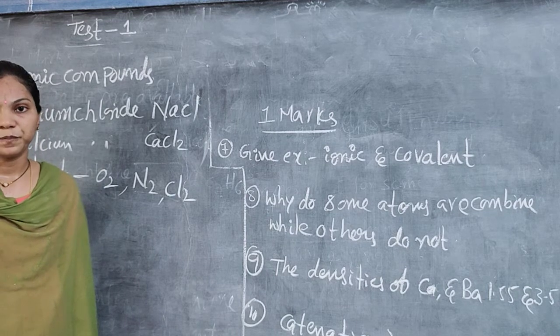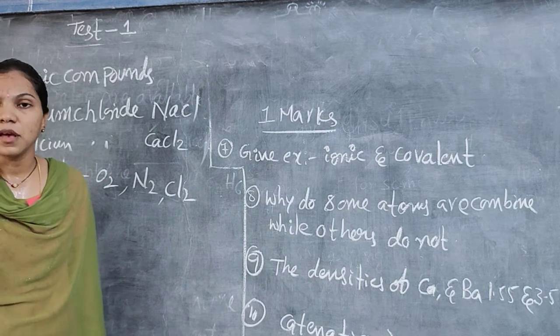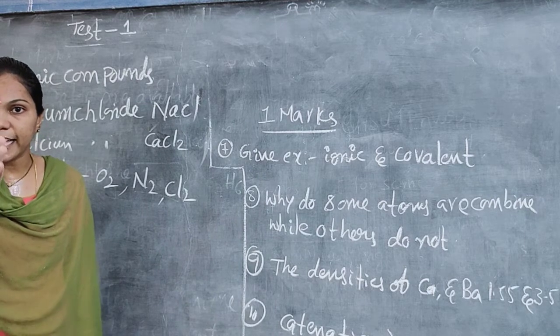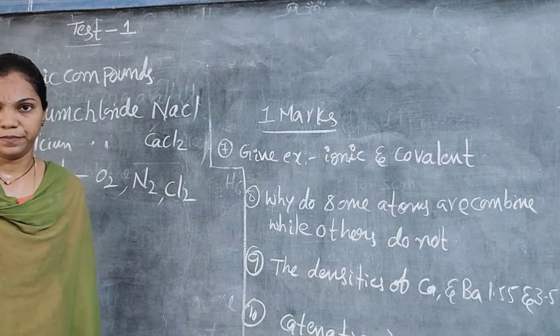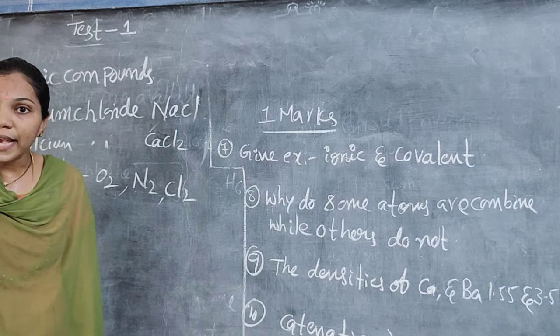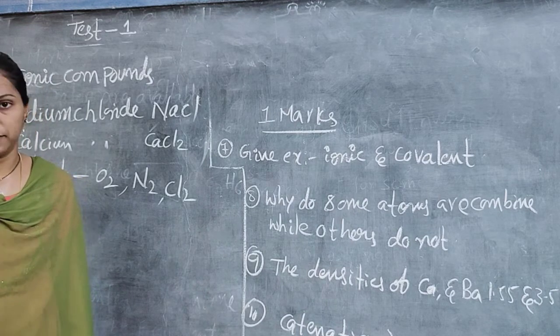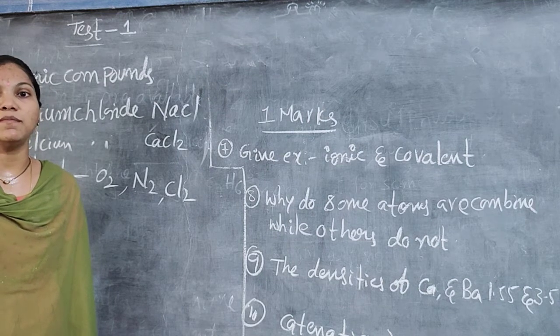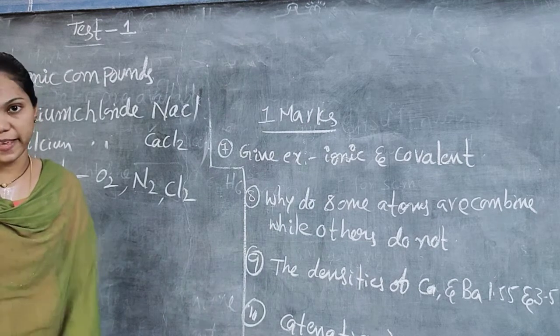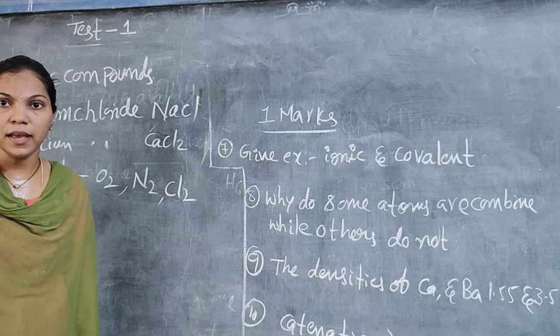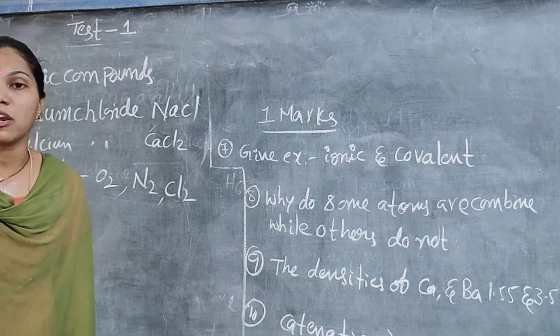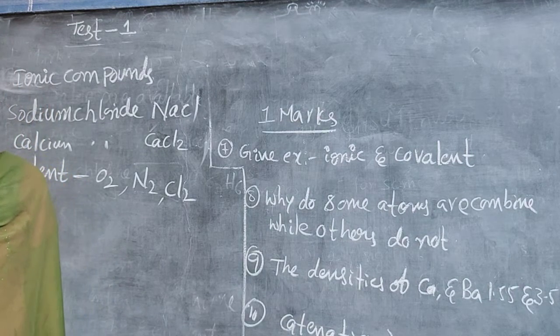What is that? The atoms which have 8 electrons in their outer shell or 2 electrons in their outer shell are already stable. Those atoms do not combine together. Stable elements do not combine together. Only unstable elements combine together.